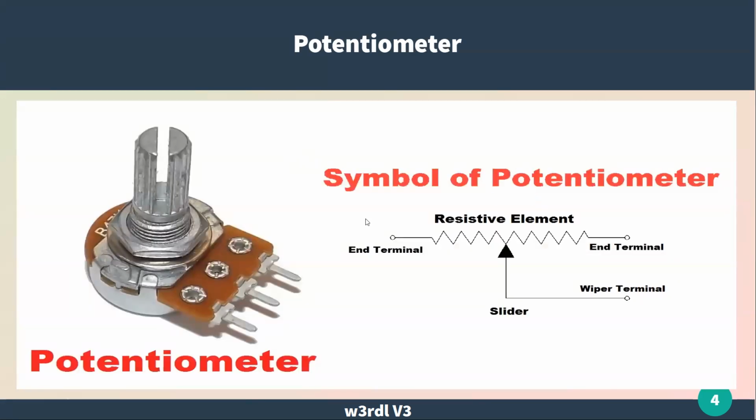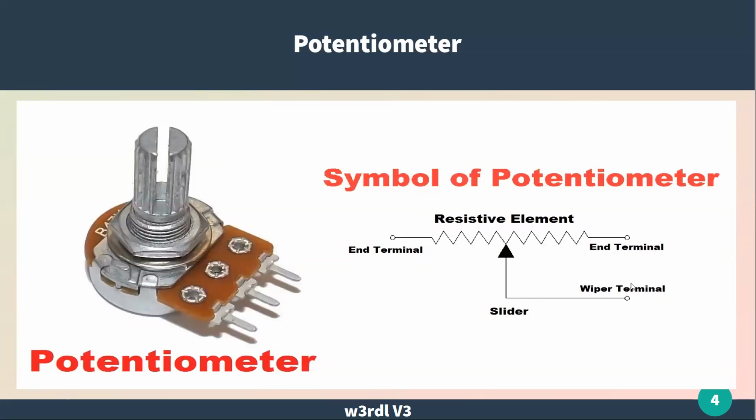The potentiometer is a similar symbol with this slider. Now, if it's shown with this center terminal connected to one of the ends, then it can behave as a variable resistor. So the resistance between this end and this end is going to vary depending on where it is, because it's essentially shorting out this part of the resistor.